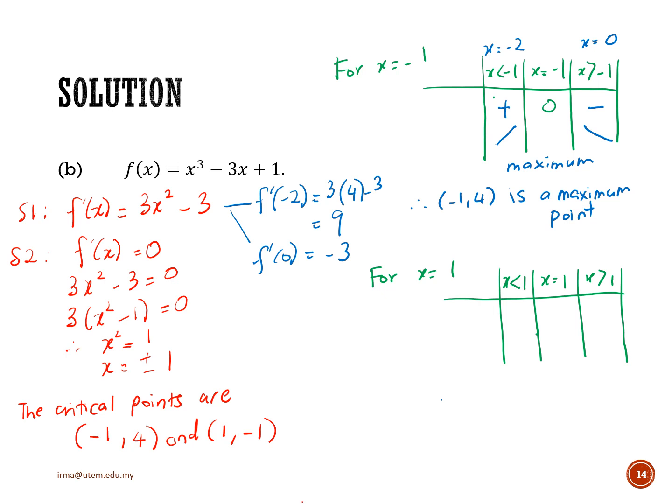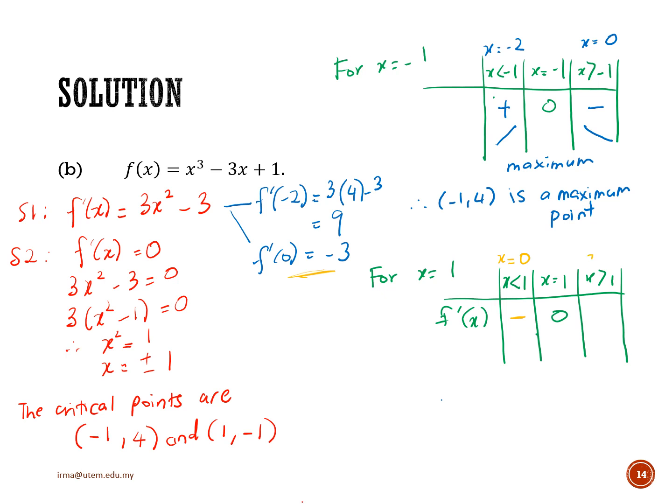At x equal to 1 you have 0 for f prime x. When you have x less than 1, for example x equal to 0, we have found before f prime 0 is equal to negative 3. So we put negative. And another one is for x greater than 1.